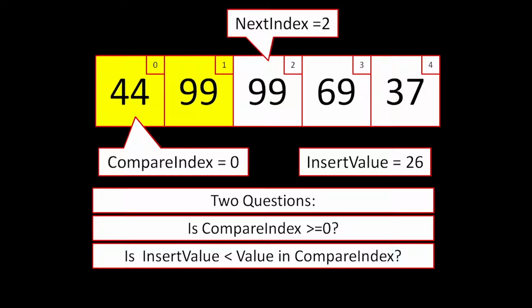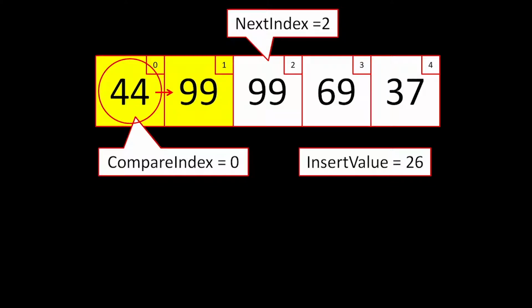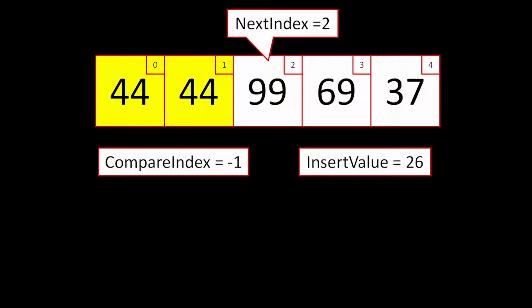Remember that insert value is equal to 26, and the value in compare index is now 44. Since 26 is less than 44, the answer to this is also yes. We will copy the value from compare index into compare index plus 1. Next, we will subtract 1 from compare index. Compare index is now -1.